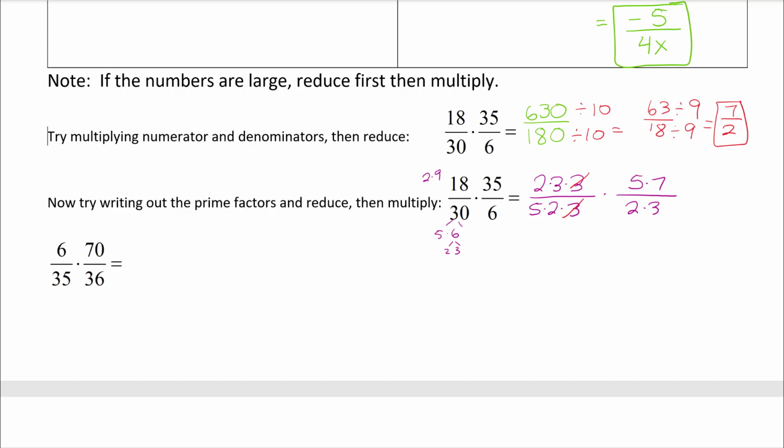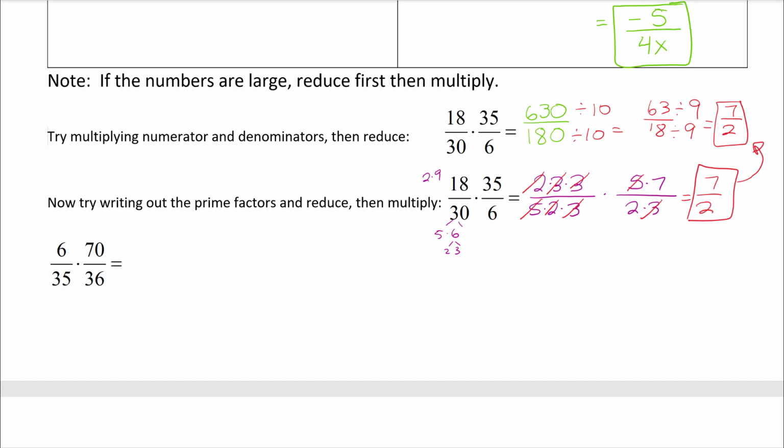These 3's reduce out. A 2 and a 2 reduces out. This 3 and this other 3 reduce out, and this 5 and this 5 also reduce out to 1. So on the top I'm left with 7, on the bottom I'm left with 2. Notice I got to 7 halves, the same answer here, without having a whole lot of large numbers at all, right?